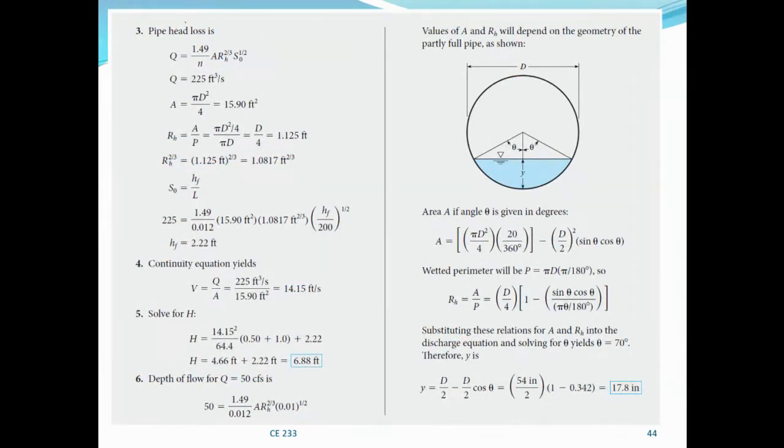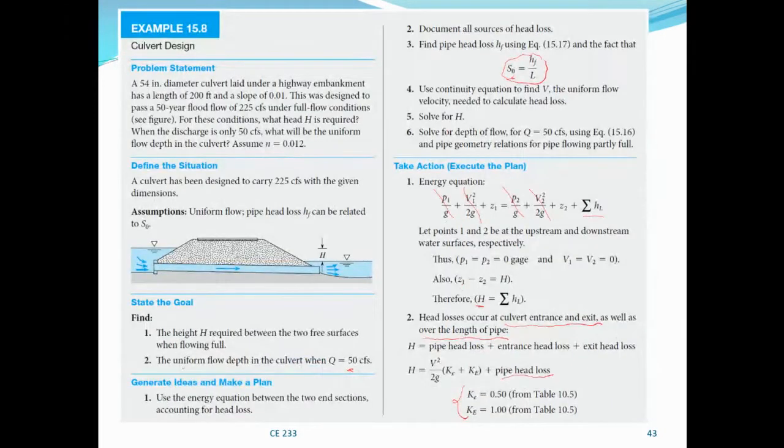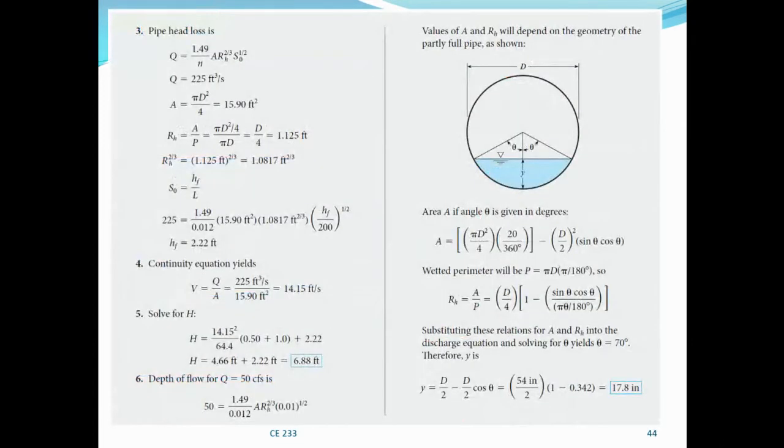For the pipe head loss, here, this is the Manning equation. For the Manning equation, we have the flow rate, which is given from the problem. This is the area of the pipe, which is provided.